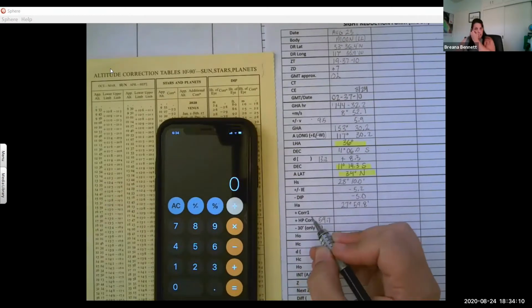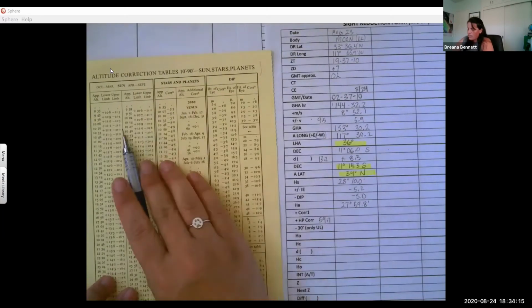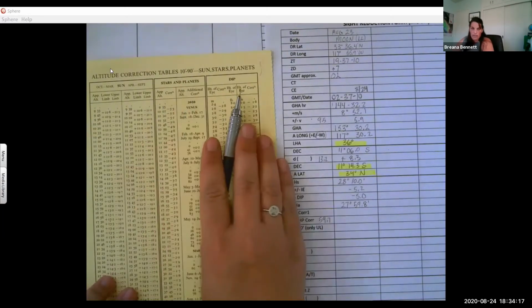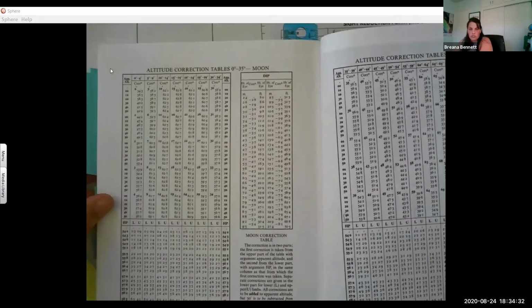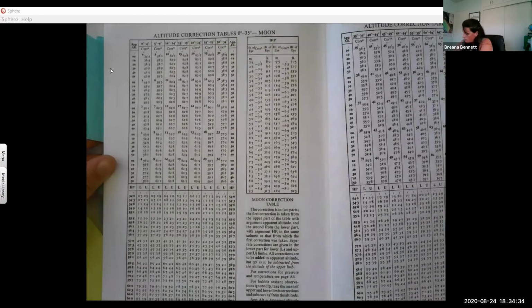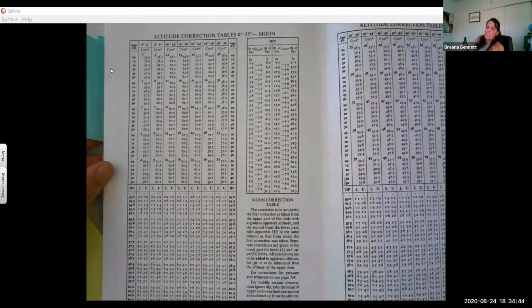So on our standard correction table, we have the sun, the stars, the planets, and dip. We don't have the moon. So to get our moon correction, we go past our minutes and seconds table to XXXIV, whatever page number that is. 34, Roman numeral.